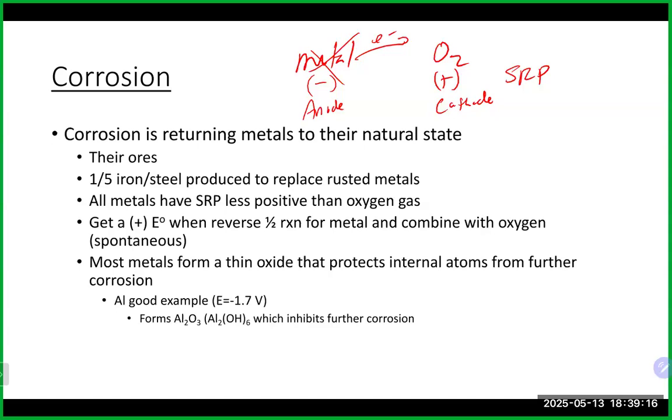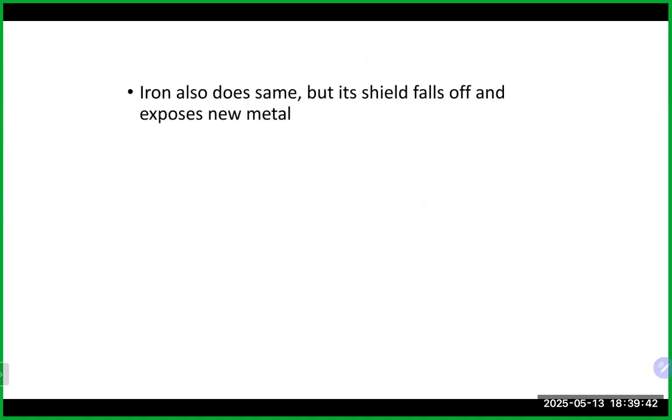Most things, though, corrosion in general is not always necessarily a bad thing. Sometimes corrosion can actually create a layer of protection on the surface of the metal underneath it. So, for example, aluminum can form a thin oxide that protects the rest of the metal from further corrosion as it goes through oxidation.